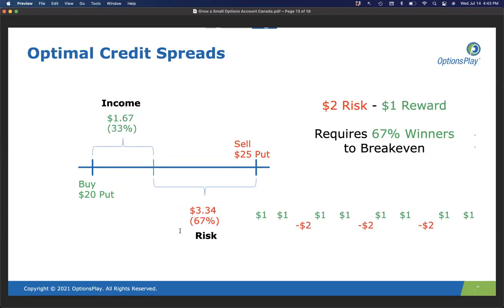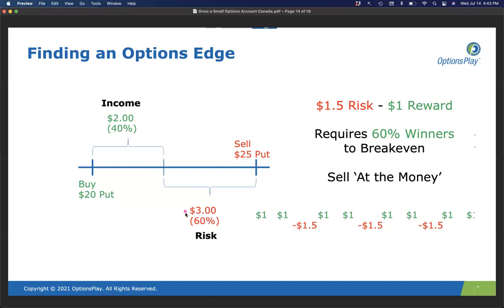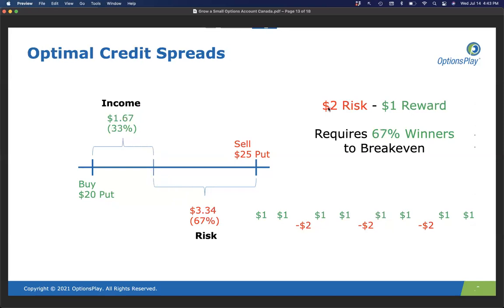So compare that to the previous slide. I risked 67% to make 33. Now I'm risking 60% to make 40. That doesn't sound like a huge shift, but in the previous slide, for every $1 I can potentially make, I was risking $2.